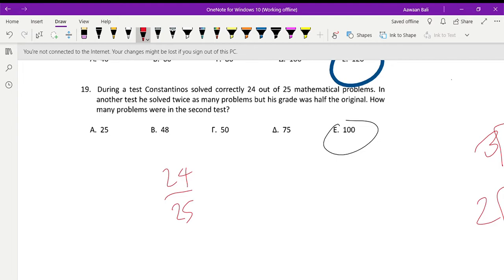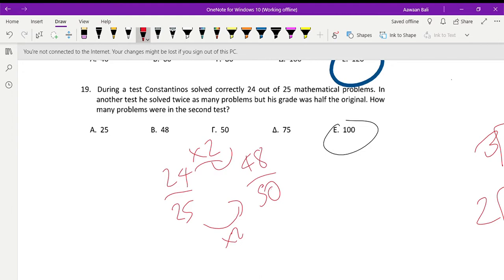He solved twice as many problems, but his grade was half the original. So if we multiply both sides by 2, it would still be equal. So 48 upon 50. So basically if it was 50 questions, he would still have the same marks, but he answered double the questions correctly.